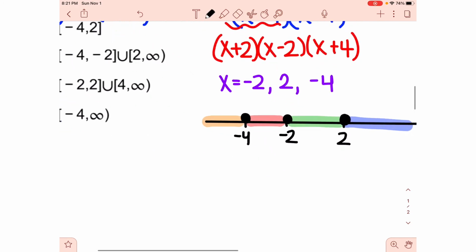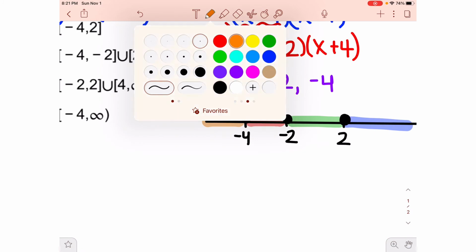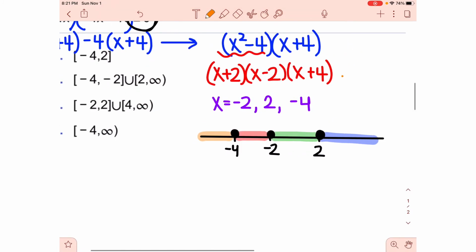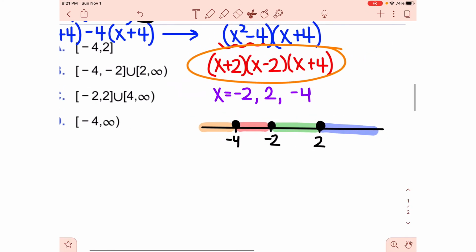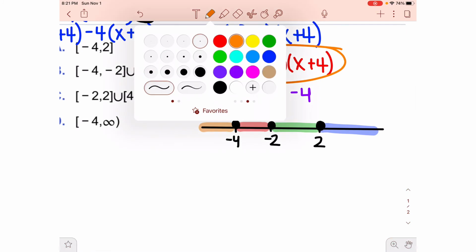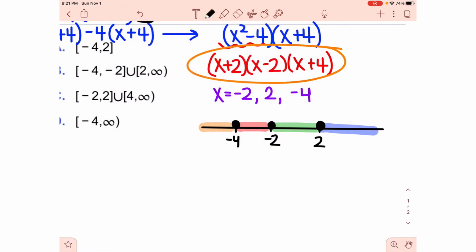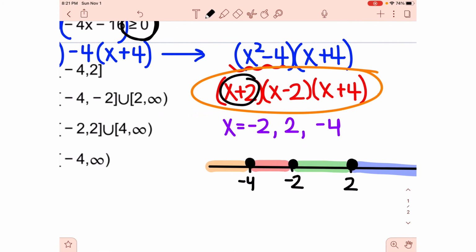Okay, so let's just quickly plug and chug. We are plugging into this formula to figure out if we are going to have a positive or negative interval. Pick a number in the orange, which is going to be like -10, and plug in. -10 plus 2 is negative. -10 minus 2 is negative. -10 plus 4 is negative.